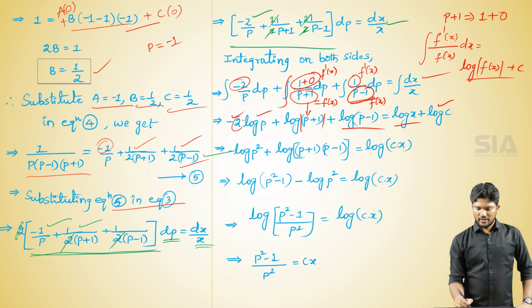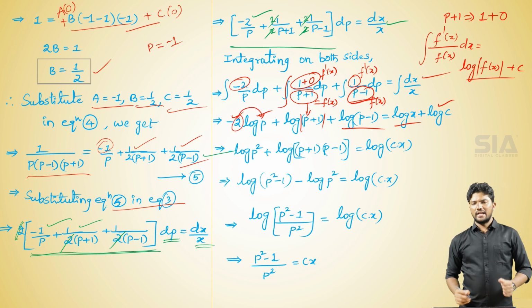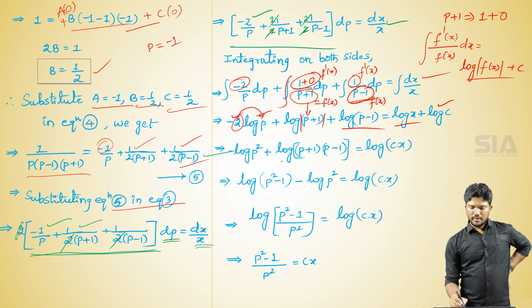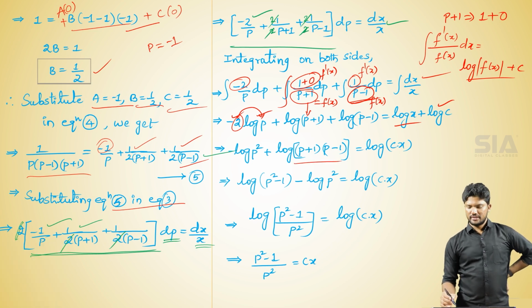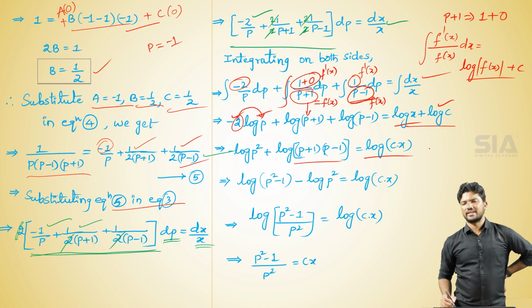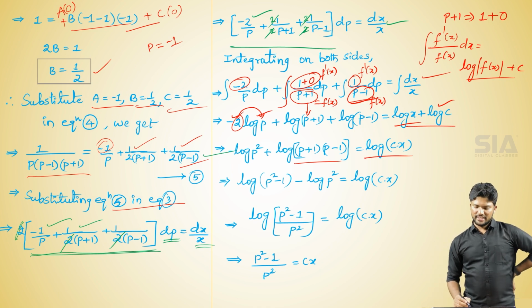According to the logarithm rules, send the 2 value to the power, so therefore minus log p square. From these two terms, log a plus log b we can write as log a into b, so (p plus 1) into (p minus 1) is equal to, again in the RHS also log a into b, log c into x.